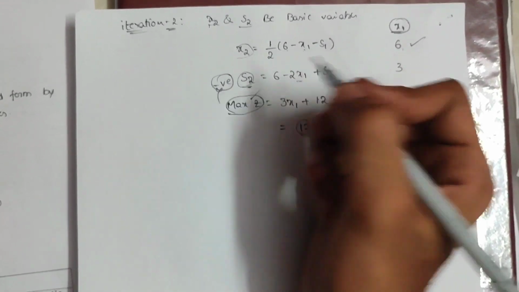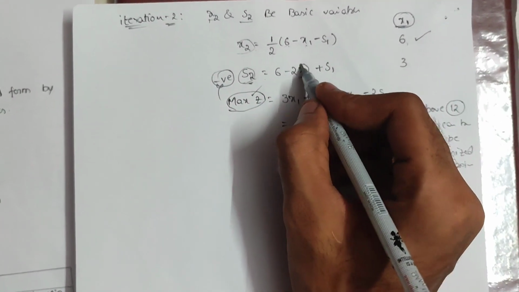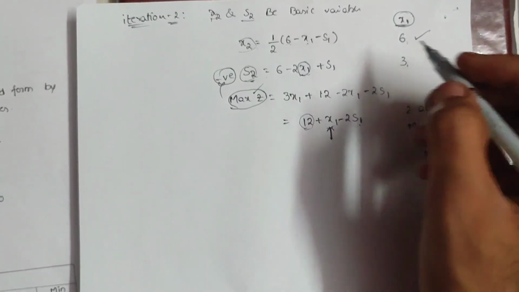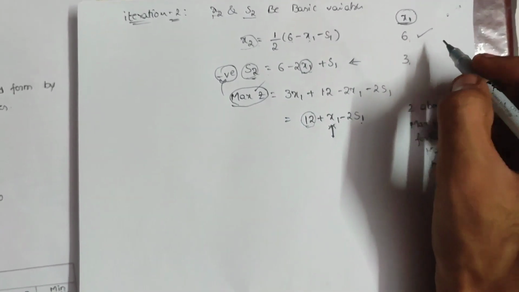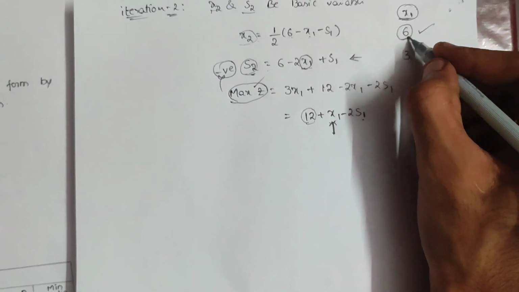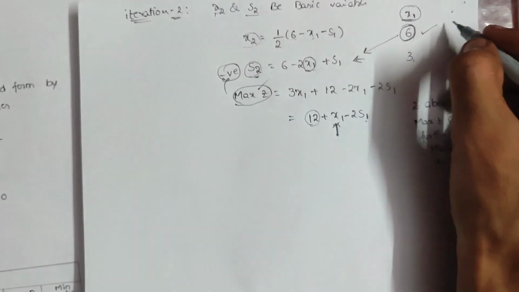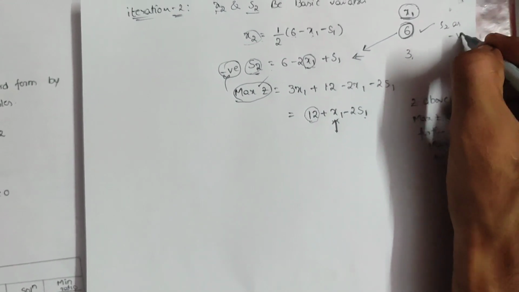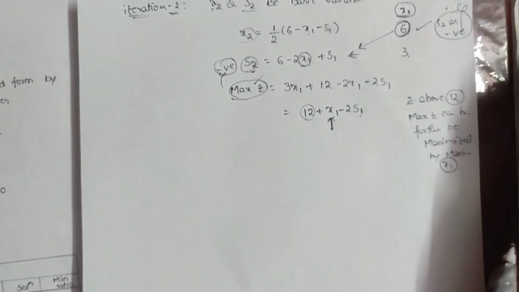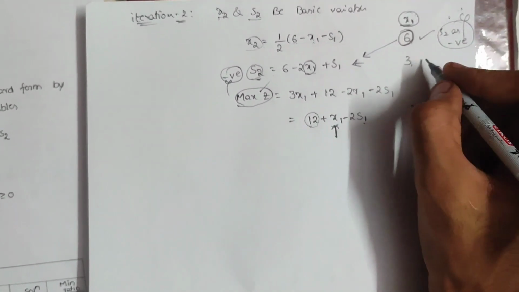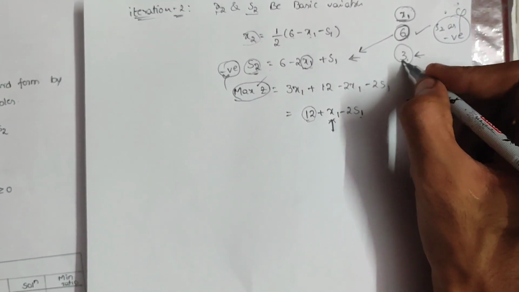S2 cannot be negative, so the maximum possible value of x1 will be 3 according to this constraint. So x1 cannot be 6, and the maximum possible value of x1 will be 3.